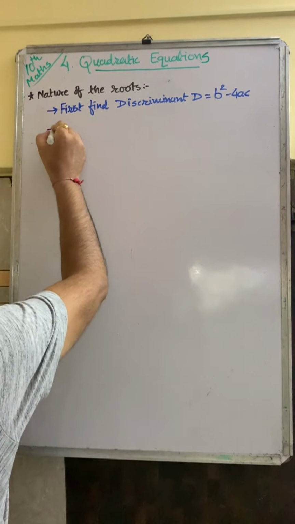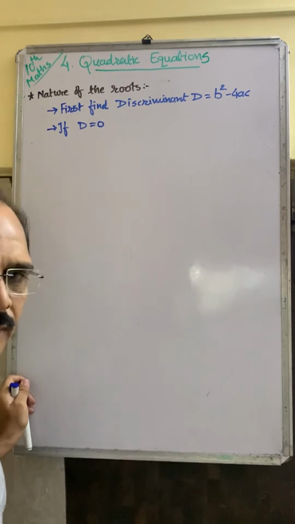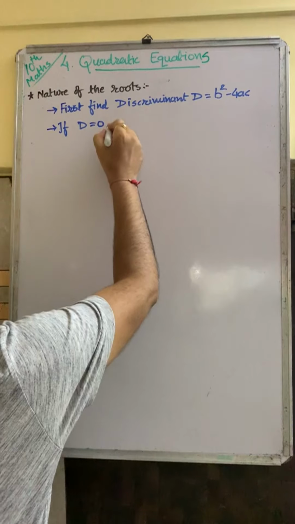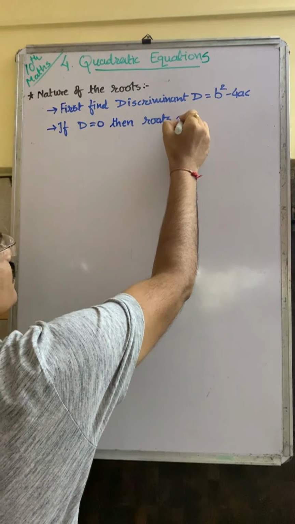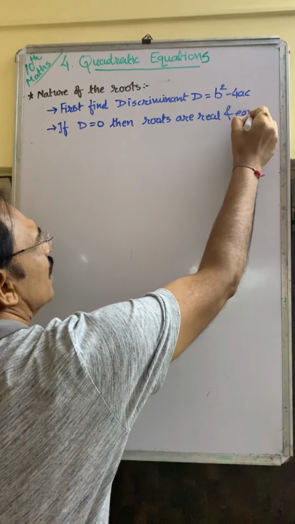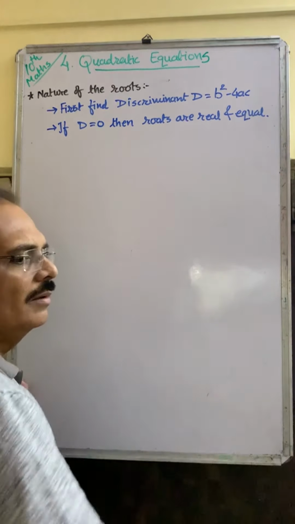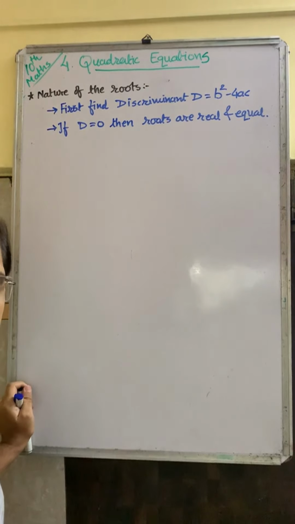With sign, plus or minus, find out D, B square minus 4AC. And now, if D equals 0, means if your answer of discriminant is 0, then always remember roots are real and equal. You know real number means maybe positive, maybe negative, maybe 0, maybe fraction, maybe square root.